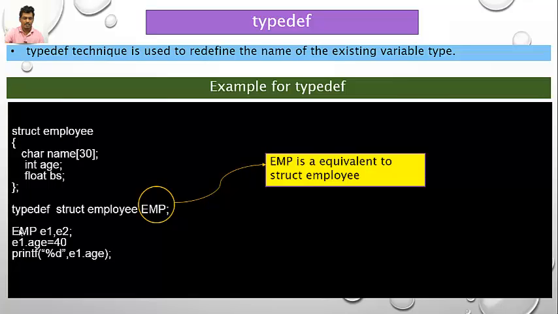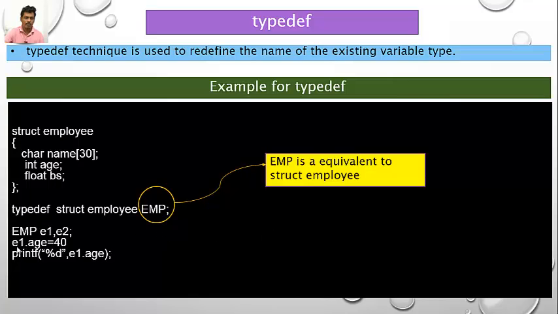This is also similar to a macro; we discuss macros in detail in a separate chapter. EMP is an equivalent name for struct employee. By using typedef, we can give a meaningful or short name to a long declaration. So the statement EMP E1, E2 is equivalent to struct employee E1, E2.